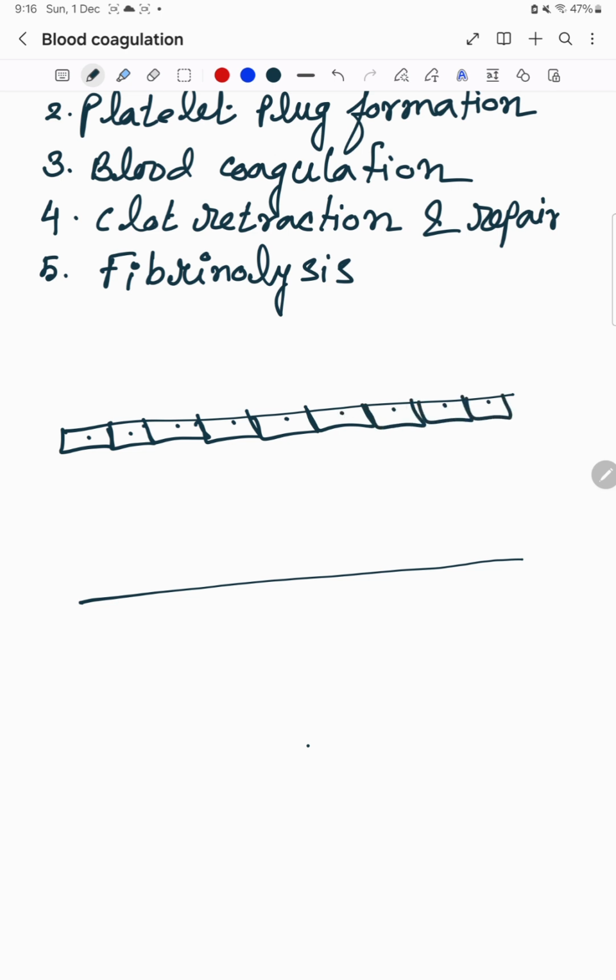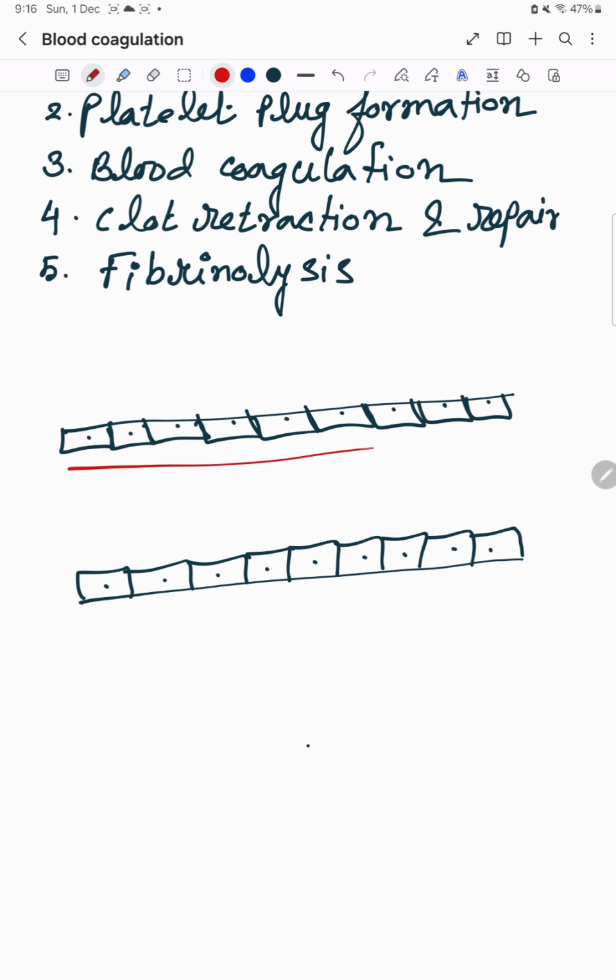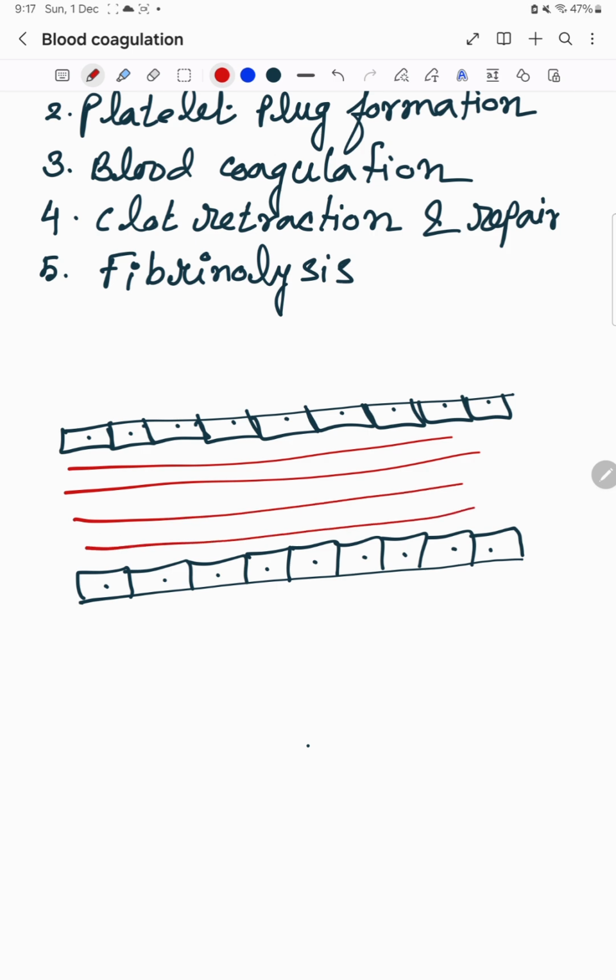So the blood vessel is made up of an endothelial cell layer. This is a picture of a blood vessel, whether it is an artery or a vein, and the blood is flowing within this blood capillary, along with plasma.